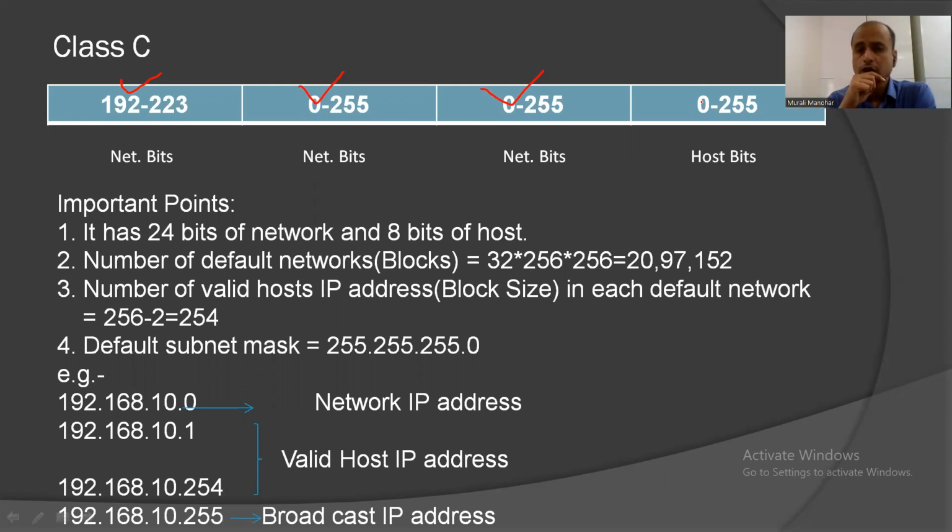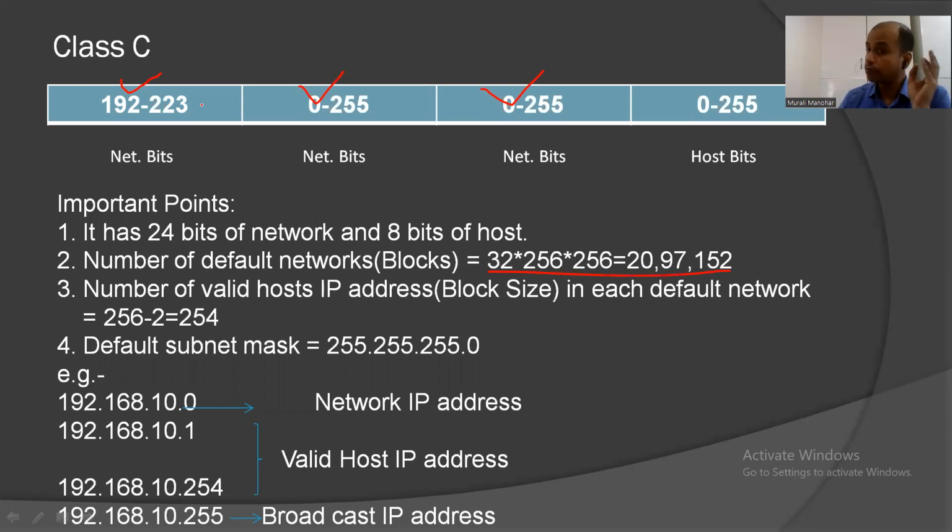So if you see, the number of different networks is very high, but hosts in each network is very low. To understand it, just see this. There is a simple calculation, and in this calculation, I have taken the value 32. This 32 comes from this range, 192 to 223.